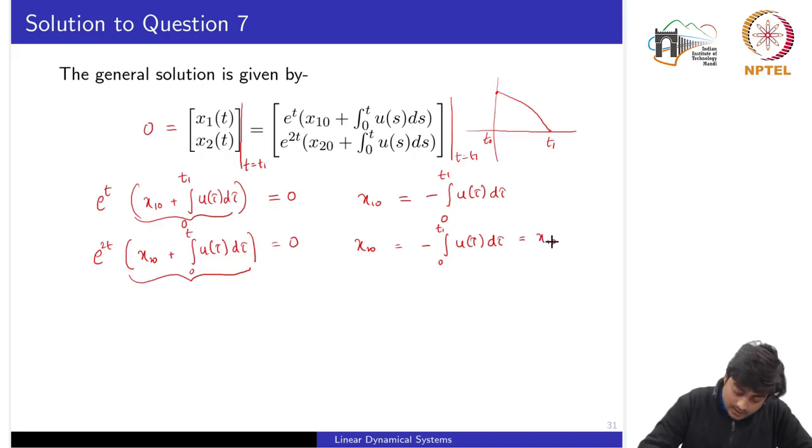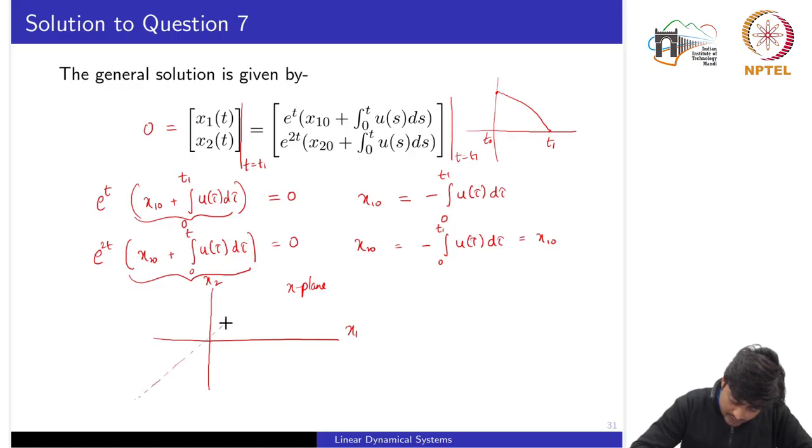Meaning to say that if we see in the x plane, let's call this x1 and this x2. If my initial conditions are along this line, then in that case I would reach the origin, which is completely in coherence with the definition of controllability.